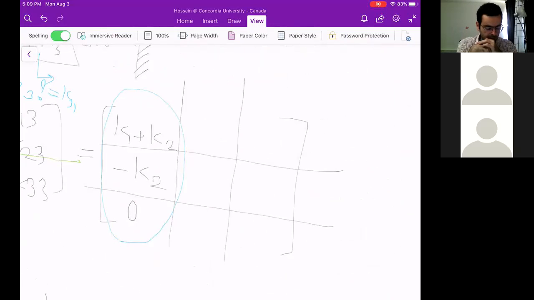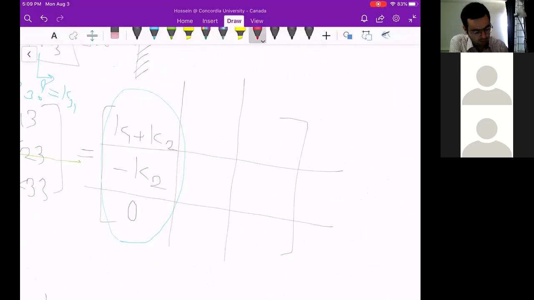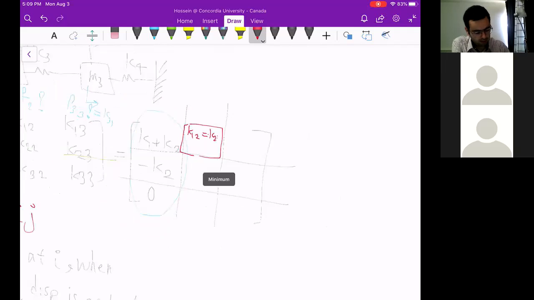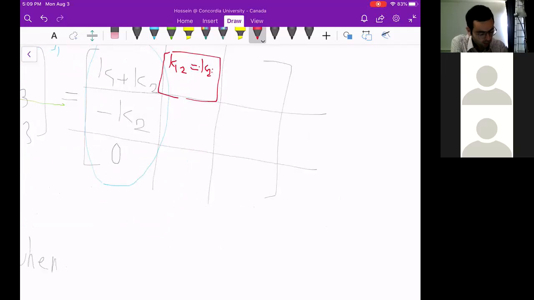So before filling out the second column, it's better to use the reciprocity theorem. So this array is K12, which is going to be equal to K21. You have to say, according to the reciprocity theorem, Kij is equal to Kji. Therefore, K12 is equal to K21.